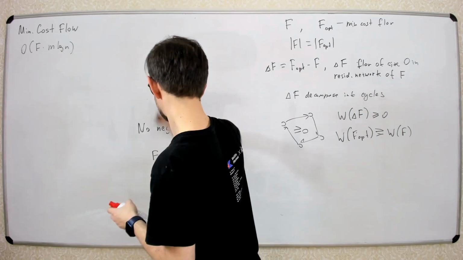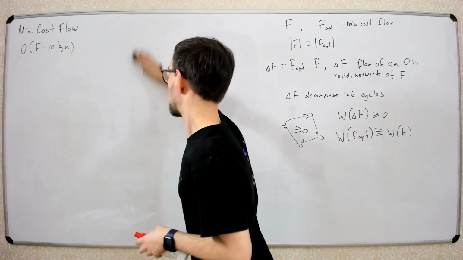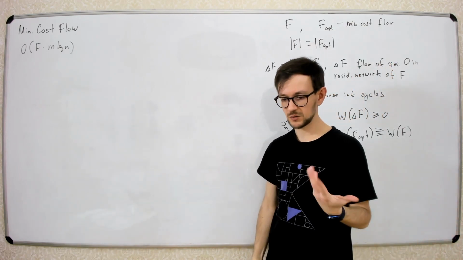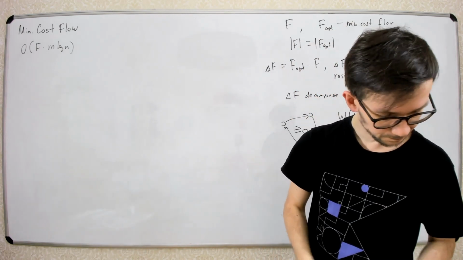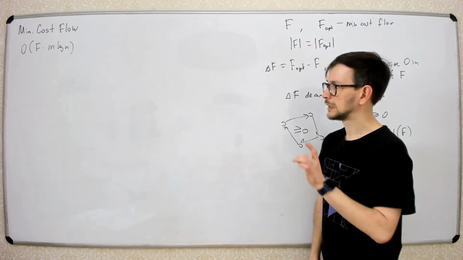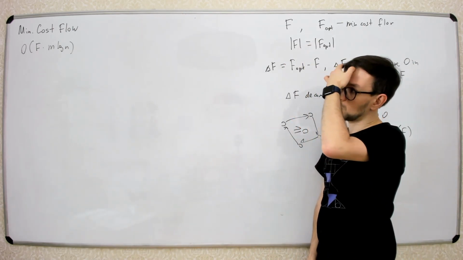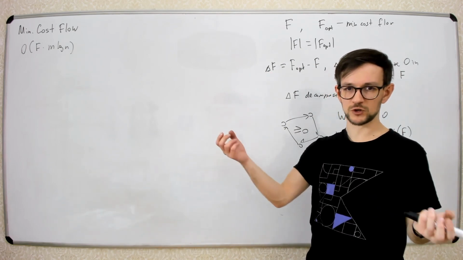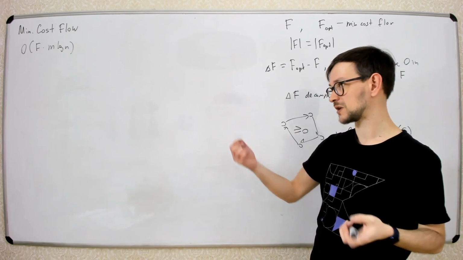This is actually one of these cases also. The algorithm you can construct from this idea will be polynomial, but just slow. That was the algorithm we discussed before, where each time you run Dijkstra's algorithm to find the shortest augmenting path.